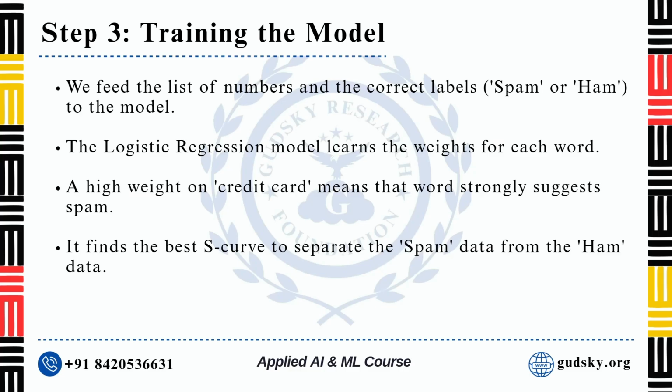A word like unsubscribe will get a very high weight because it appears a lot in spam. A word like colleagues would get a low weight. It's finding the best S curve that uses those weights to cleanly separate the spam from the ham.